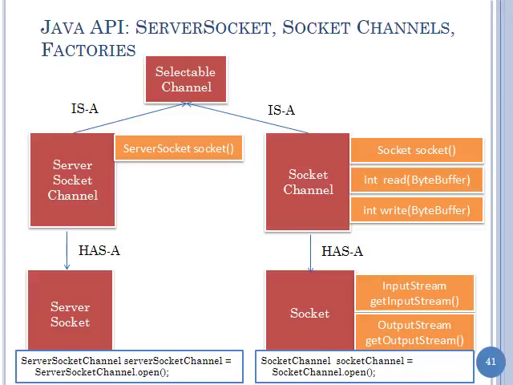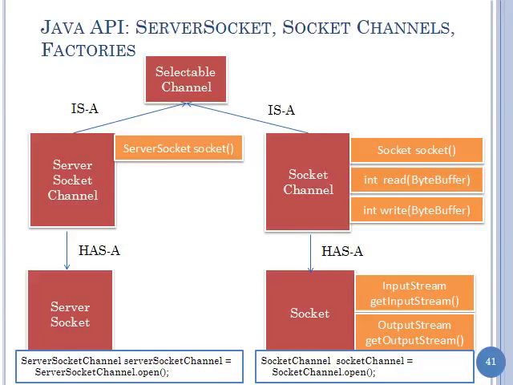And the way you get these channels is that you basically invoke a factory method, if you will. Okay, so you're not saying new server socket channel or new socket channel. You just say server socket channel dot open, and some class is used which you don't know about. And similarly, socket channel dot open, and some class is used about which you don't know. Okay, that's just the API. I mean, the concept we've seen earlier. Okay?